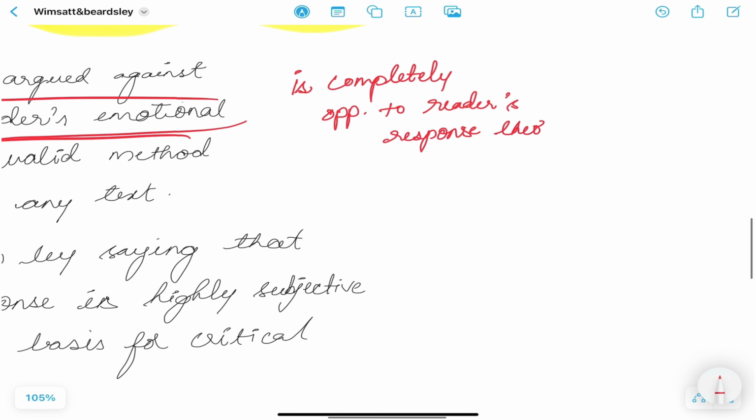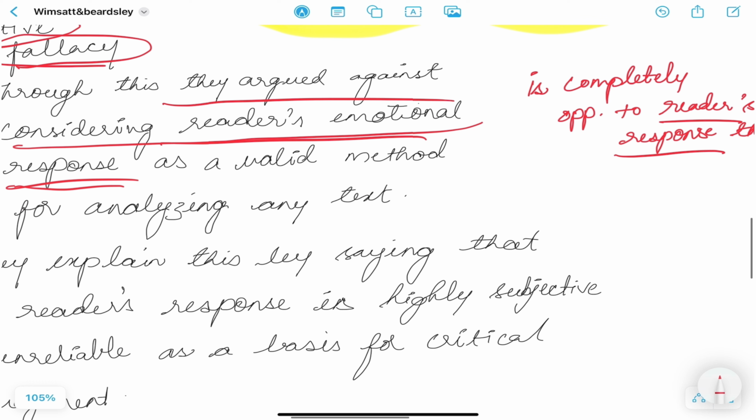But if you want the details, we are going to discuss it further in the coming videos. The reader's response theory looks into the idea of analyzing a text towards the response that it produces on the readers. All right, so affective fallacy argues just against it.